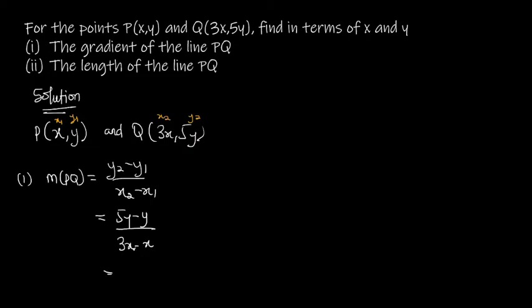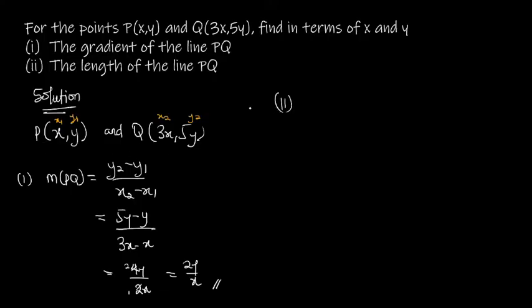So I have over here 5y minus y will give me 4y on 3x minus x will give me 2x. So this is equal to, 2 will go here, 1 go here, 2. So our final answer is 2y on x as the gradient of the points P and Q.